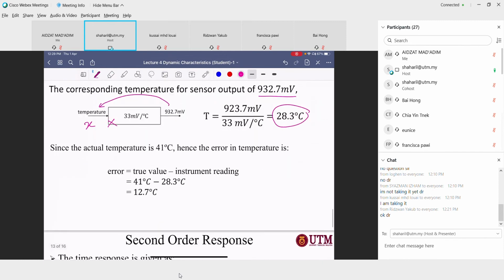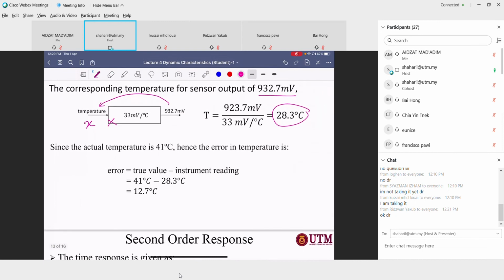Okay, and then the error lah, the error that you got in the reading. The final one should be 41, but you got the reading 38.3. So this one will be the error lah. Okay, error is 12.7 degree.